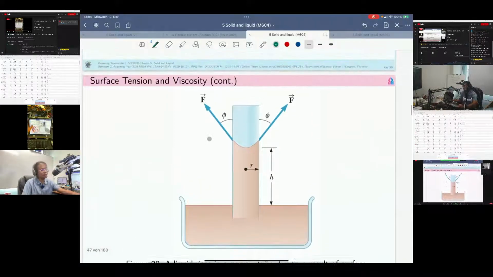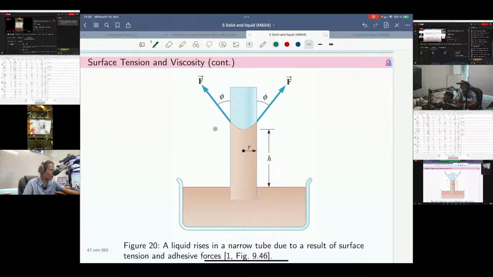That's the effect in nature, and I hope you completely understand the reason behind that phenomenon. In the water case, because the adhesive force is stronger than the cohesive force in the water molecules, there is a rising height for the water compared to the typical water level.